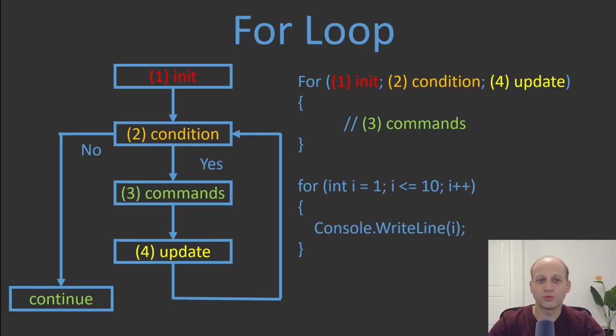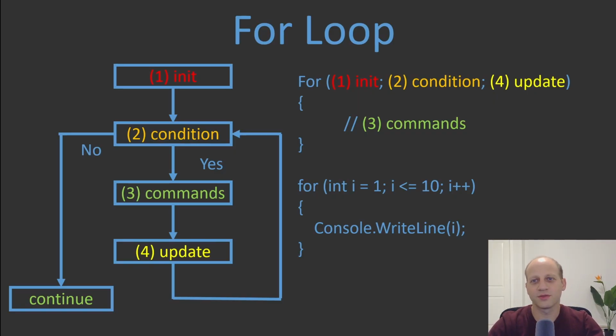In the while loop, we did this inside the loop, but as you can see, the for loop has a dedicated place for this. After the update part runs, again the condition is checked, then the commands run, then again the update part runs, and so on.